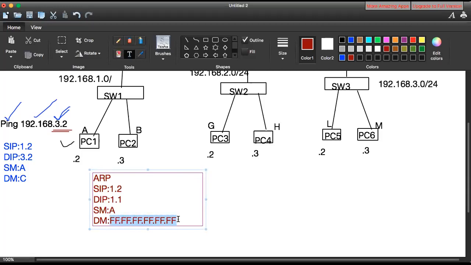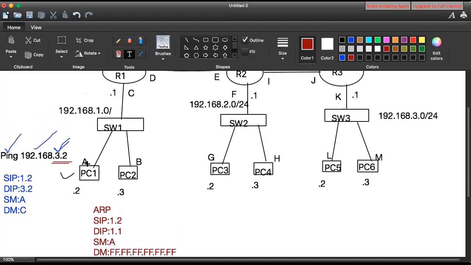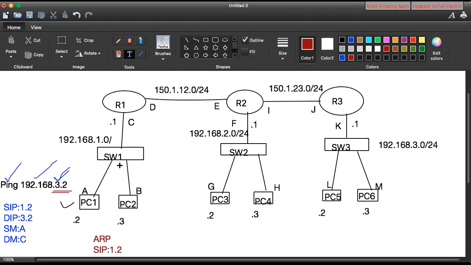So when this ARP request goes through PC1 and switch 1, I'm not talking about switch 1 here, because switch 1 is acting just like a transparent bridge, just like a layer 2 switch, sending the request outside or wherever it is required, or maybe doing broadcast initially.